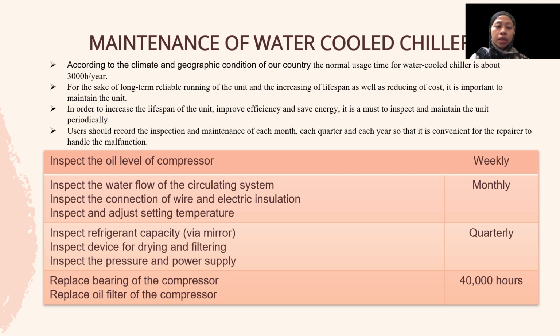Okay, as we can see, there is a sample table that we can manage by weekly, monthly, and quarterly. So at weekly, we need to inspect the oil level of the compressor. For monthly, we have three maintenance tasks to do.